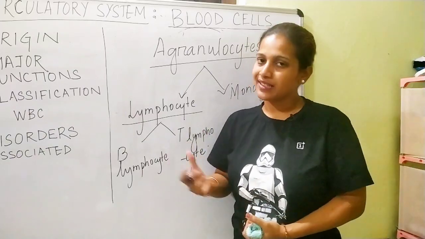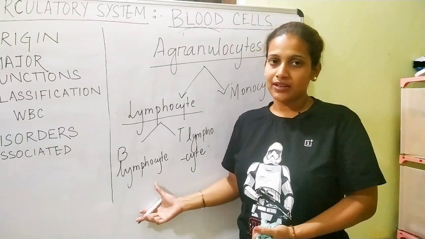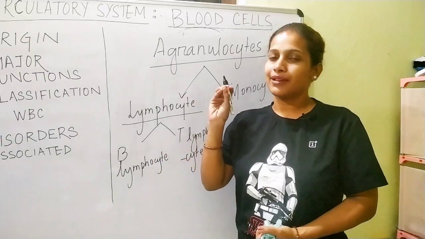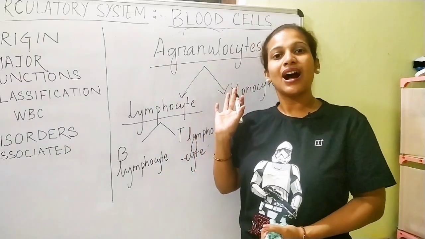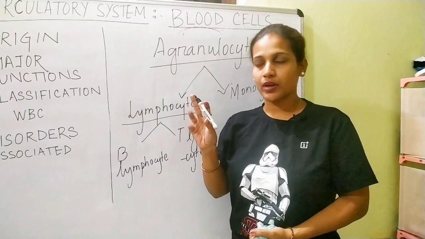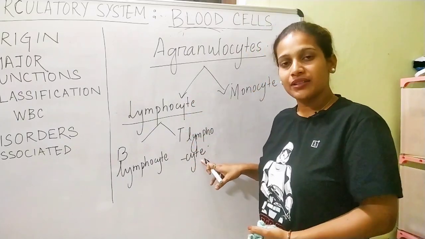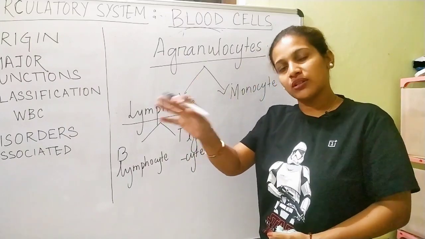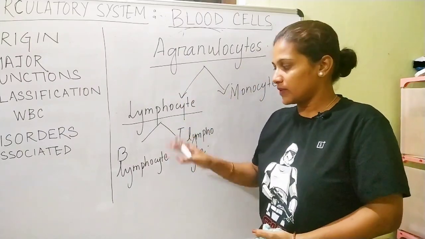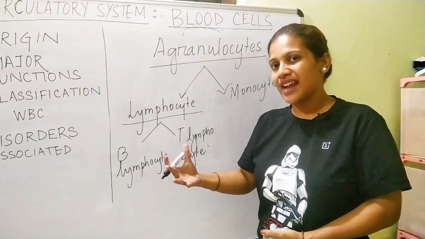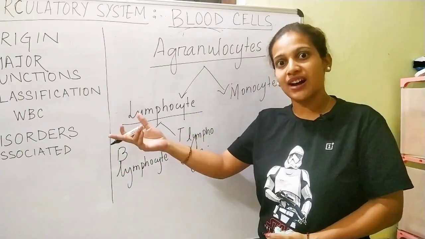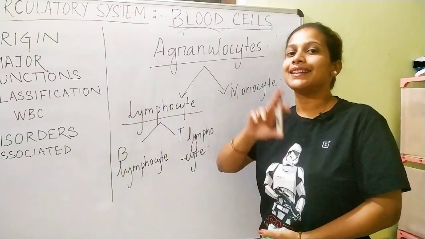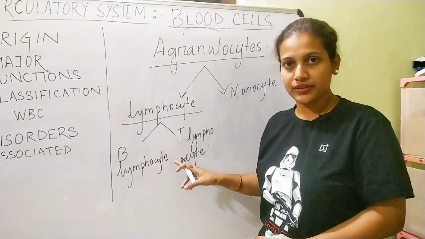Antibodies are those chemical substances produced inside your body to find the particular bacterial pathogen or the antigen and make it harmless or kill it. T lymphocytes do not produce those chemicals or antibodies. They will directly go to the spot and kill it. B lymphocyte will produce chemicals, antibodies, to make the antigen harmless. T lymphocyte will directly go to the spot and kill it. This is the basic difference.